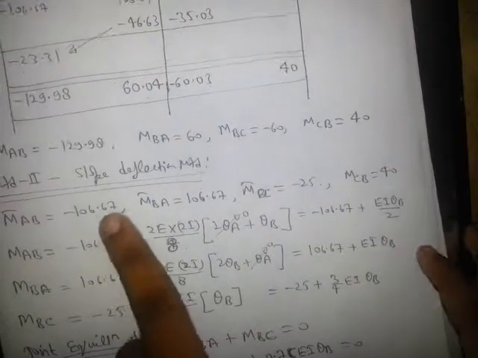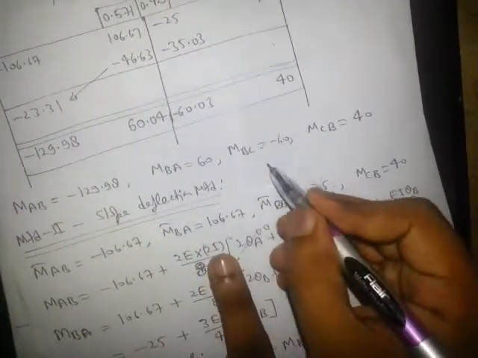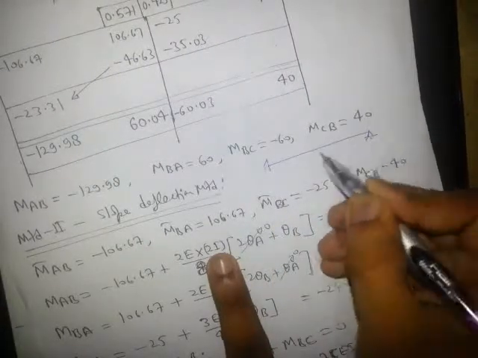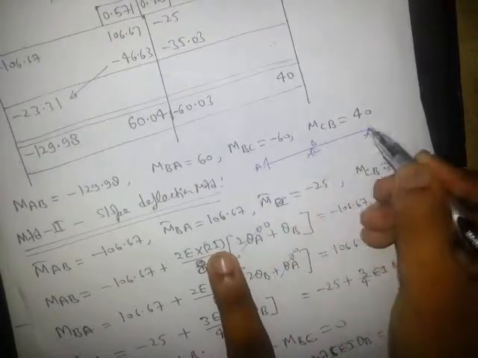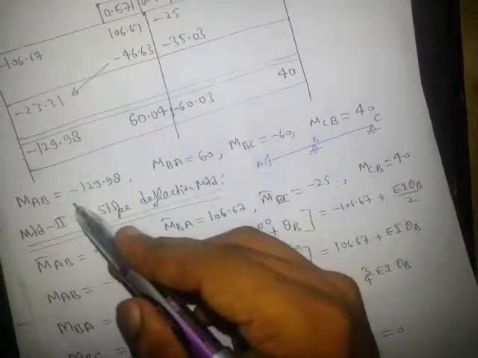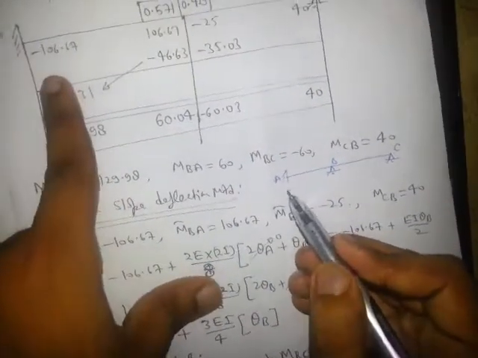Look here. These are the slope deflection equations, right? I will write here. This was the beam. This was hinge. This was A. This was B, and this was C, right? And these are the end moments. What was M bar? This is M bar.